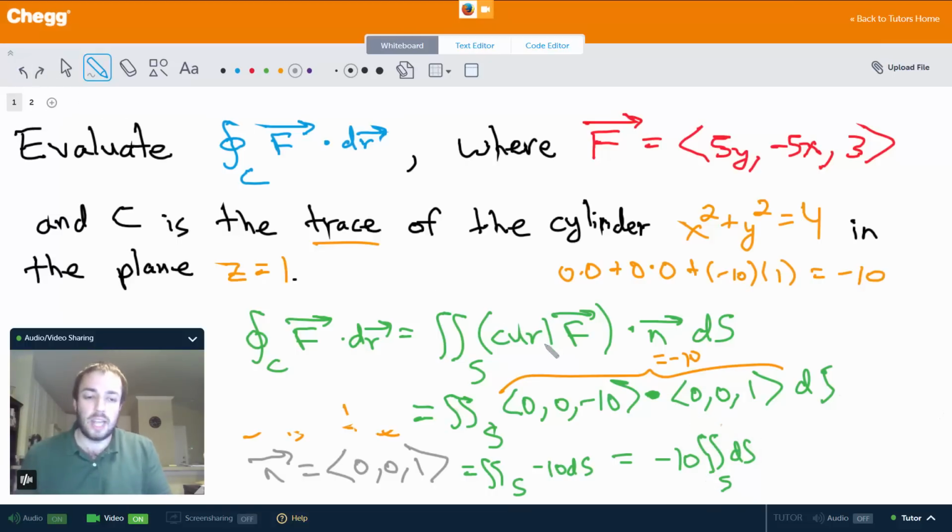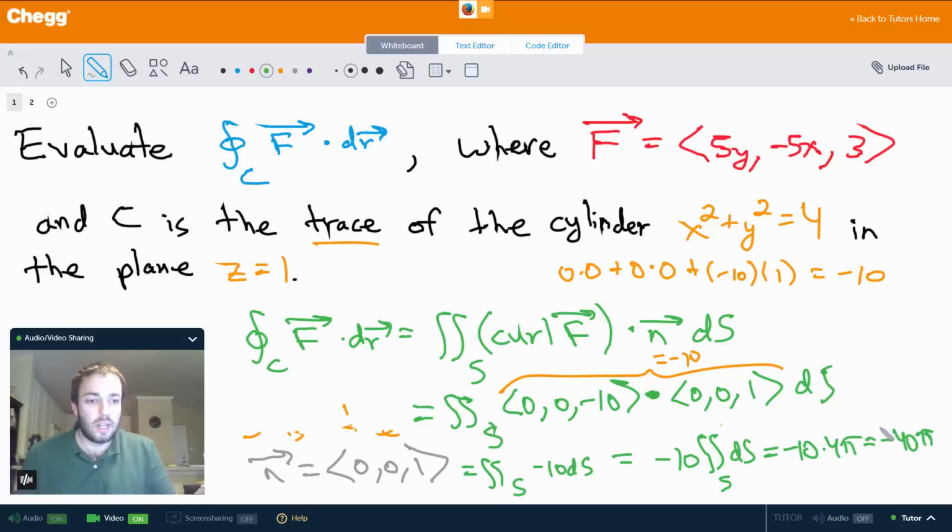Well, it's going to be pi times the radius squared. The radius is 2, the radius squared is 4. Pi times 4 is 4 pi. So this is negative 10 times 4 pi, which gives us a final answer of minus 40 pi. And that's our final answer there.